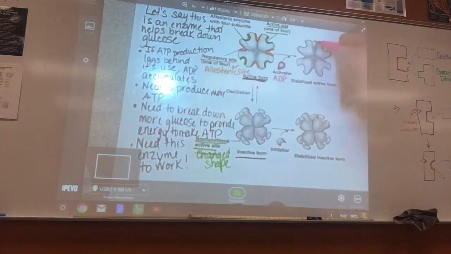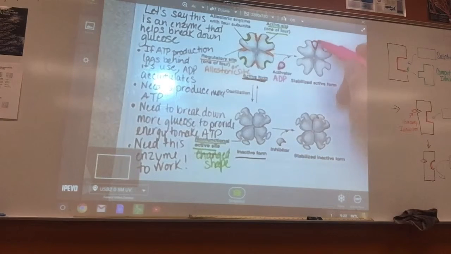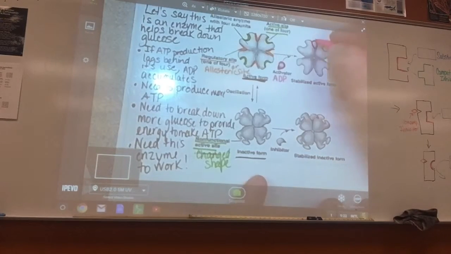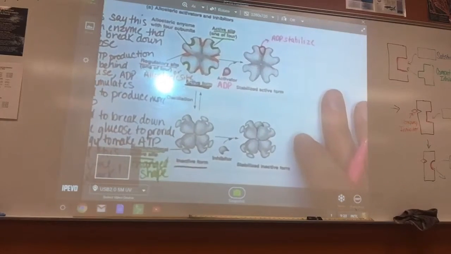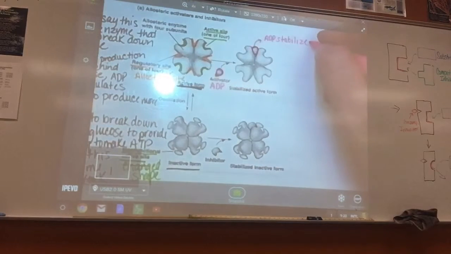This ADP, notice here in this picture, binds to the regulatory site. So I'm going to put here that when ADP binds to this site, ADP stabilizes the enzyme.